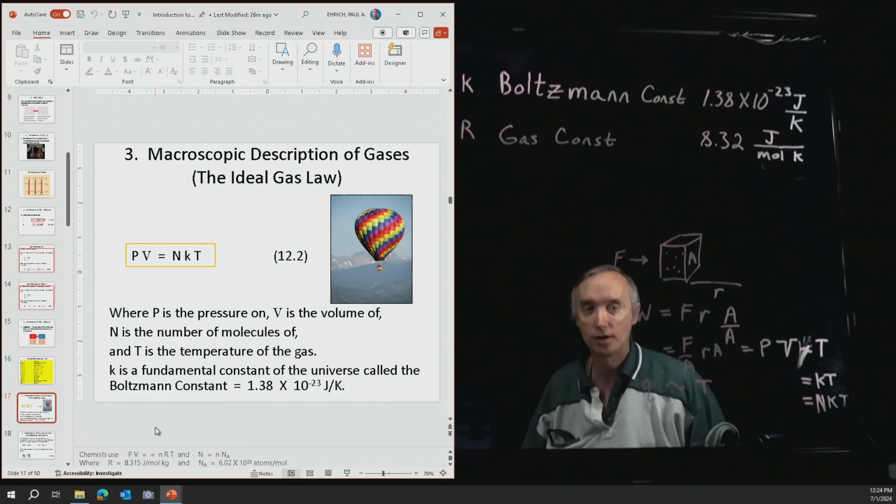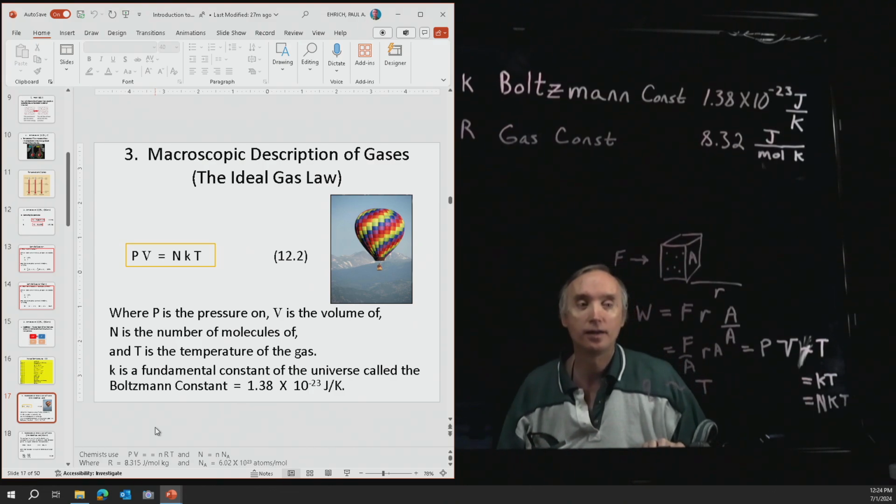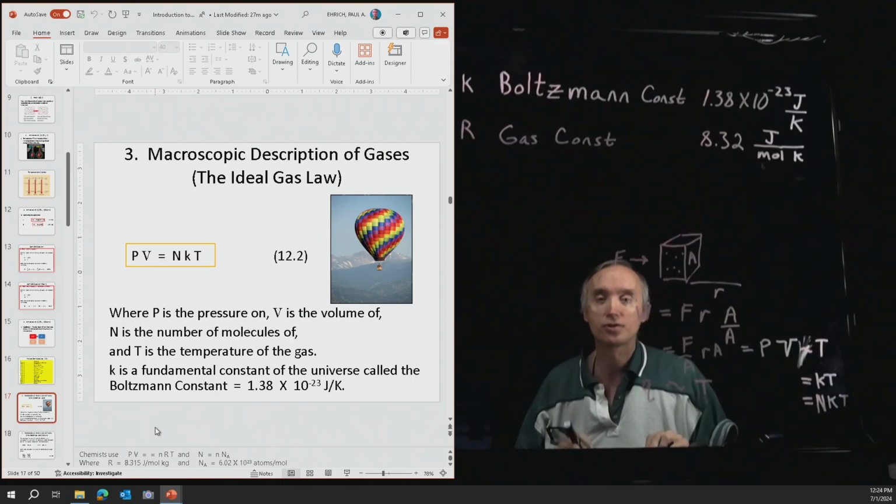It says that the pressure of a gas depends on the volume of the gas, the number of air molecules inside the gas, a constant, and the temperature of the gas in Kelvin, not in degrees Celsius. Okay, so let's take a break, and when we come back, we will show some applications of this formula.